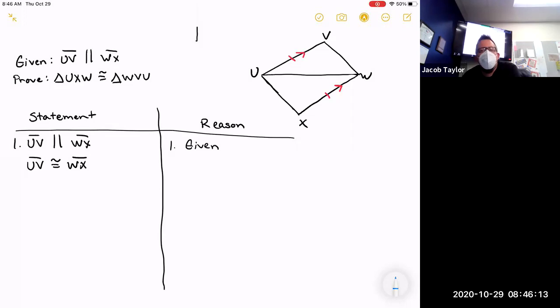What else do we know besides you guys are mean about my drawings? Oh, if that's like that, then that's like that. We have parallel lines, which means UW is a transversal. So then the angle stuff. Which angles can we prove are congruent if UW is a transversal?